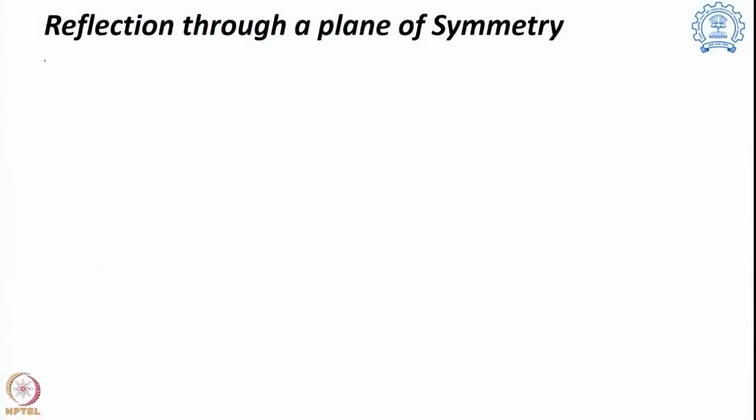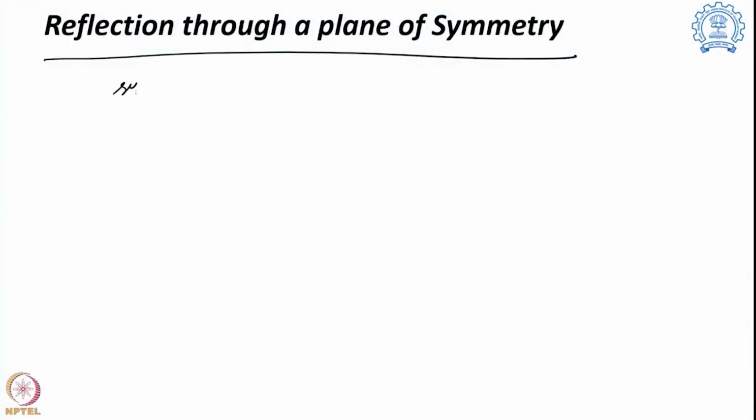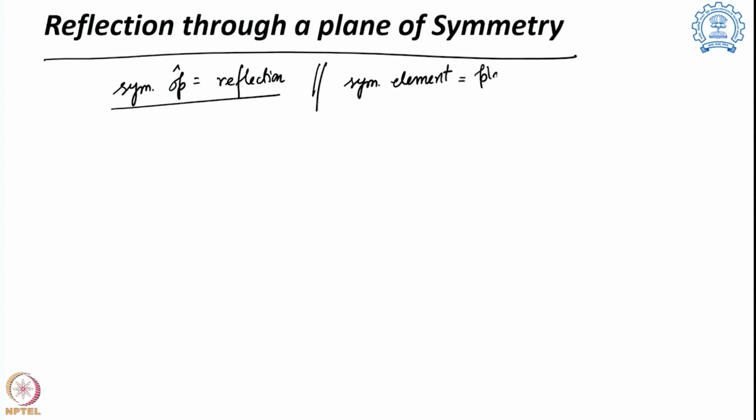So far, the first one we have defined is the rotational axis of symmetry, where the operation is rotation and the symmetry element, the geometric entity around which I am doing the rotation, is an axis, a line. Now, my symmetry operation is going to be a reflection, and I am going to do this operation around a symmetry element, and this element will be a plane.